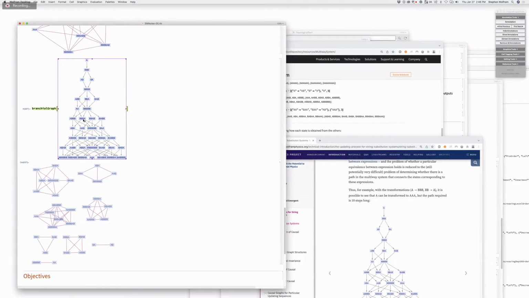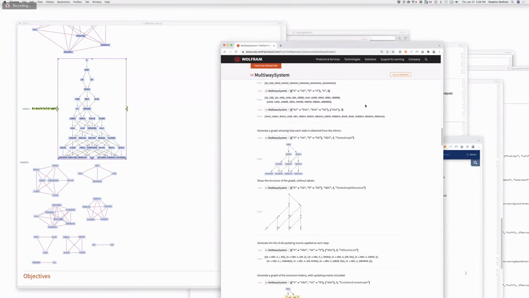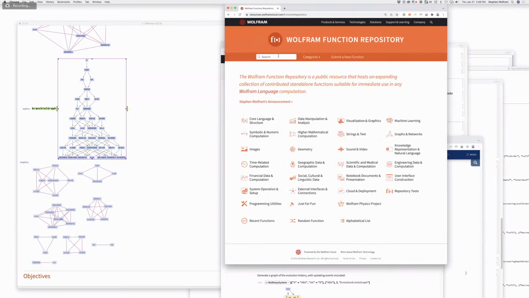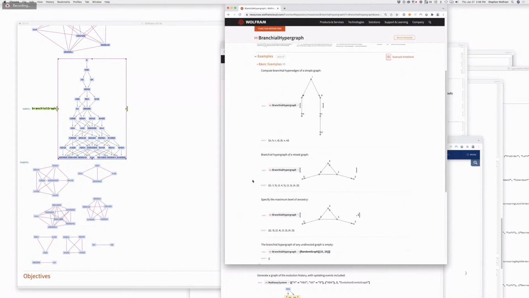Could you say that again? I don't quite understand that. Well, if you open the branchial hypergraph resource function documentation, there's a simple example there. Oh yeah, I've seen this example before.